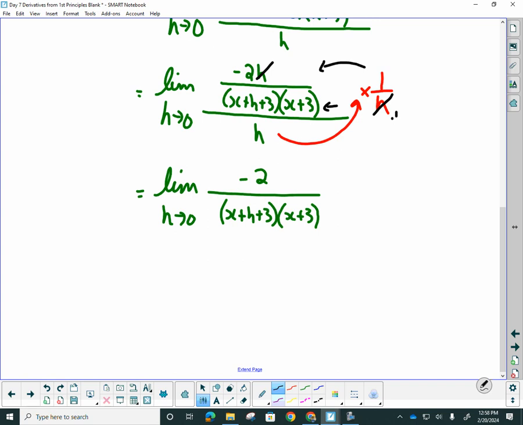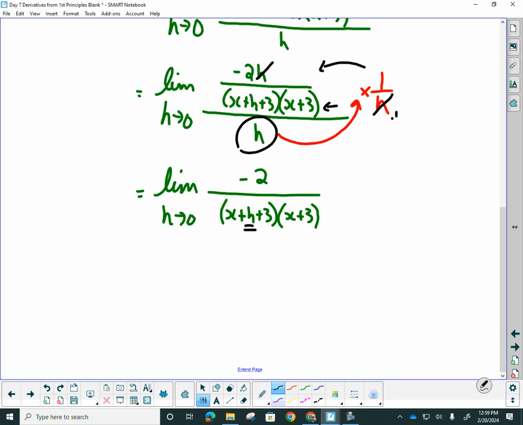And I've successfully gotten rid of the problem h value. Remember, the problem h value is always right here, because if I plugged in 0, I would get a problem. I'd be dividing by 0. Now you might look at this and say, hey, Mr. Lee, I've got a 0 on the bottom of a fraction, which still might be a problem.